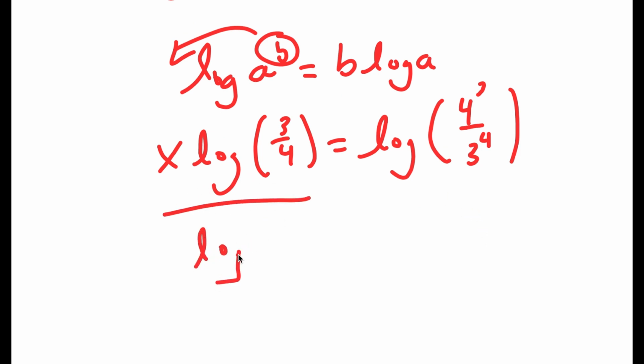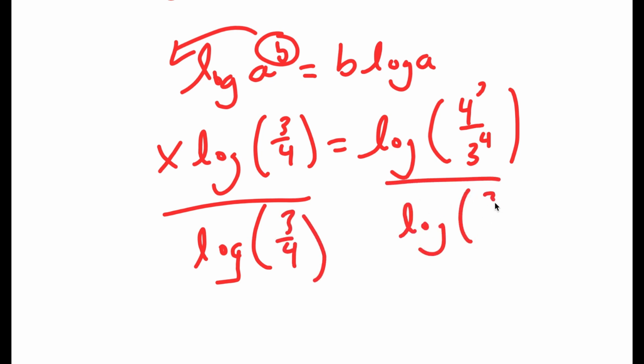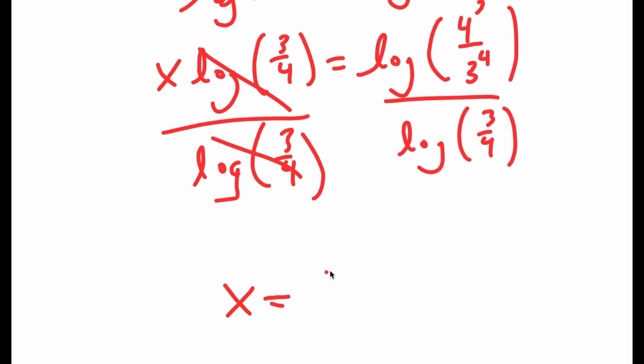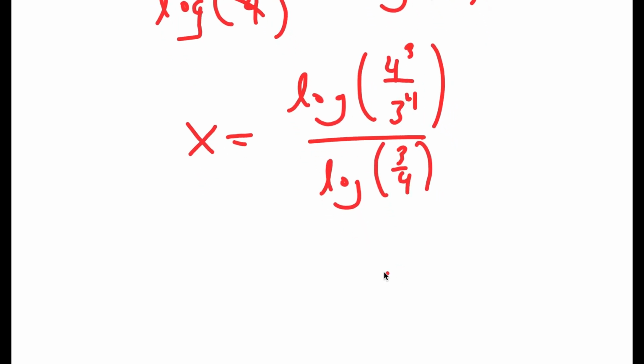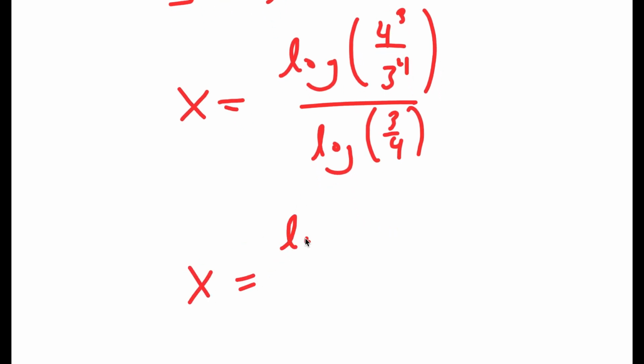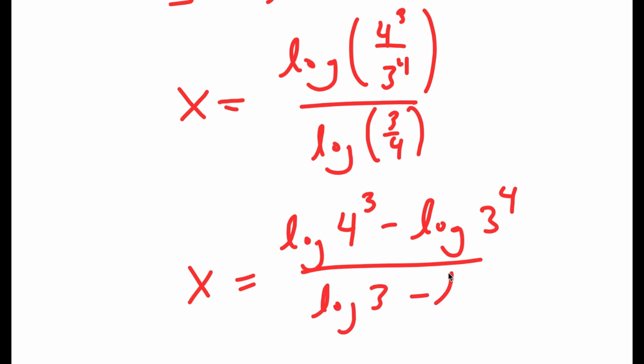Now I'm going to divide both sides by log of 3 over 4. So these two cancel out, and I get x is equal to log of 4 to the power of 3 over 3 to the power of 4, over log of 3 over 4. Now this is the same thing as log 4 to the power of 3 minus log 3 to the power of 4, over log 3 minus log 4.